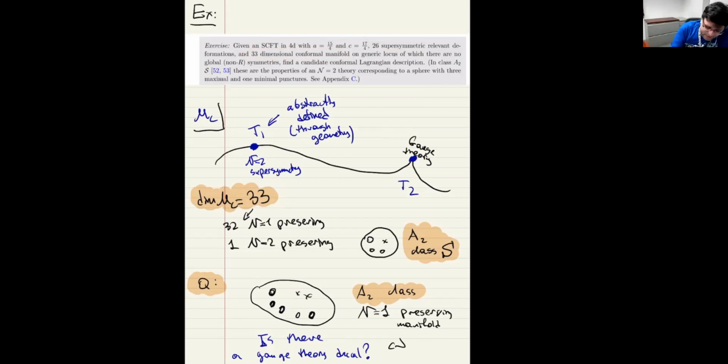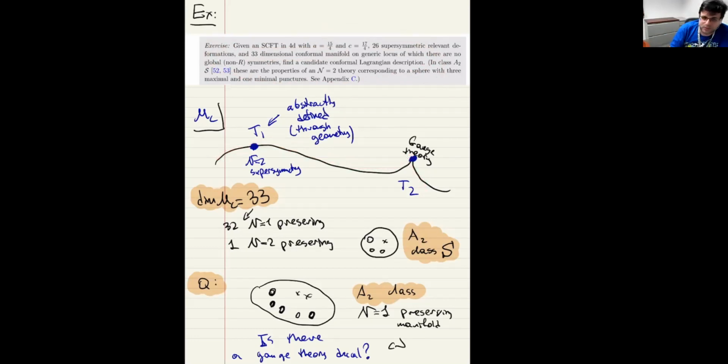And the question is, use the algorithm that we have discussed to construct a candidate conformal dual. It's not very hard. It's not trivial. You know, the discussion we had is not very complicated, but you need to be a little bit group theory savvy. But you can perform this computation, and you can find this dual. So this is an interesting exercise to perform. And here I just want to tell you where this theory comes from.